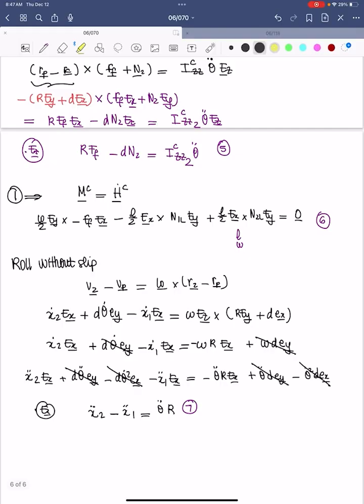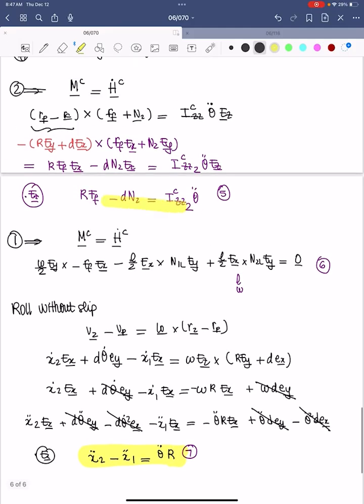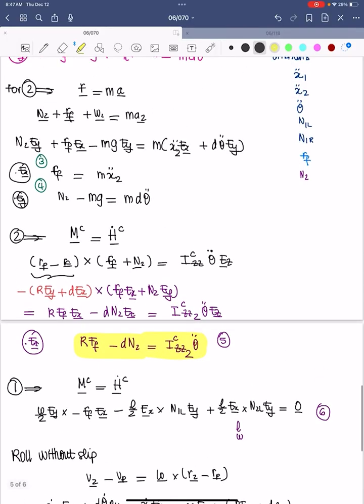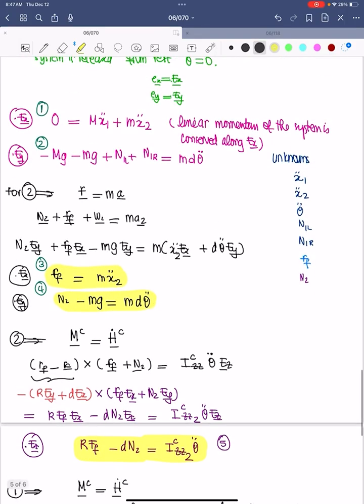So just looking again at the equations to try to make a plan. We have this one, and this one, and this one, and this one, and this one.